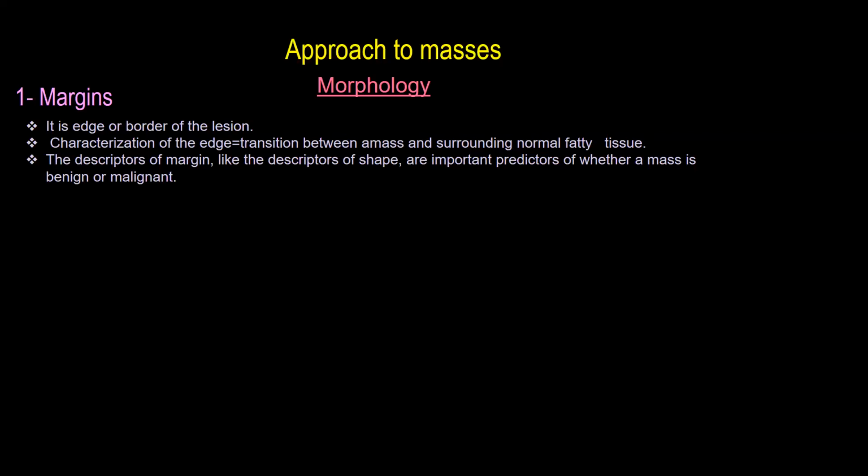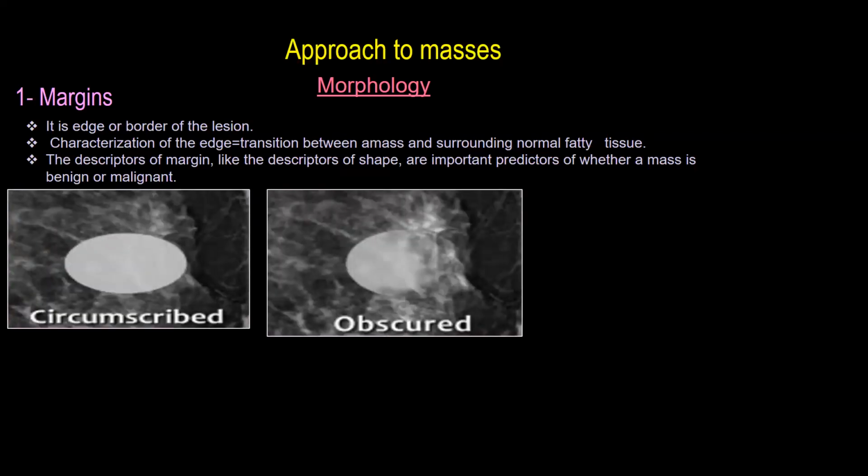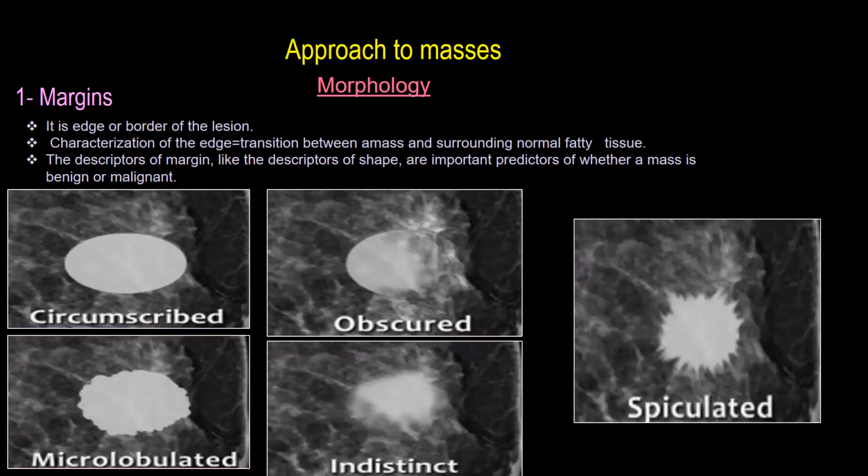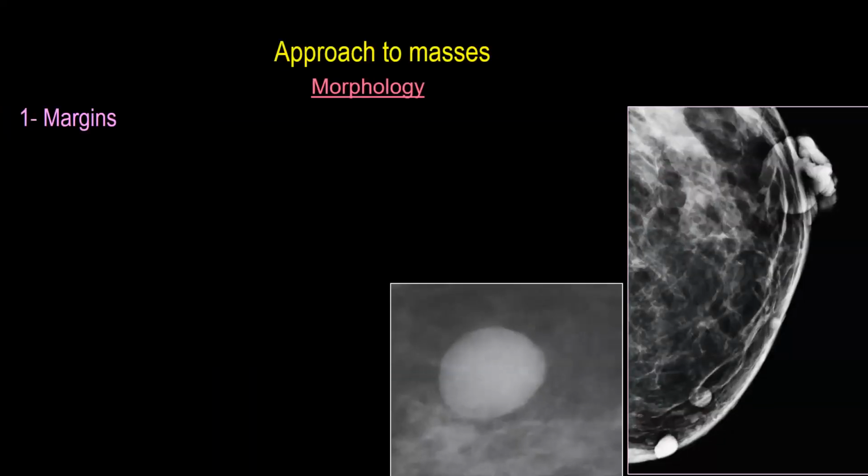It is as important as the shape, and even seems to be more important as a predictor to differentiate between benign and malignant. Regarding the margins, we have circumscribed, obscured on one side of benignity, to microlobulated, indistinct, and spiculated as suspicious descriptors.